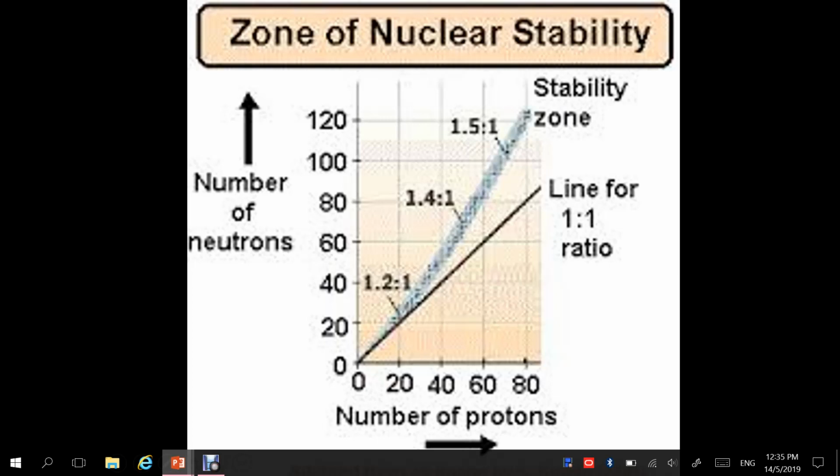The number of neutrons have to be 1.2 to 1.5 for every 1 proton. So if lighter nuclei do not have this neutron to proton ratio, then you find that they are unstable and therefore they will undergo decay.